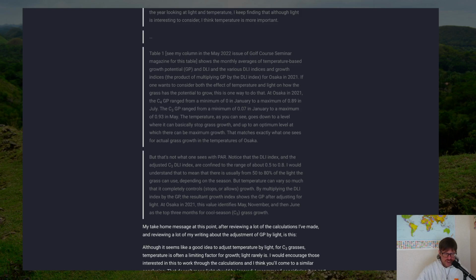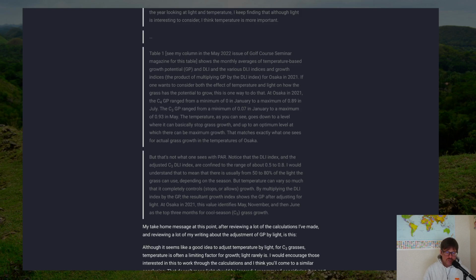The temperature, as you can see, goes down to a level where it can basically stop grass growth, and up to an optimum level at which there can be maximum growth. That matches exactly what one sees for actual grass growth in the temperatures of Osaka.